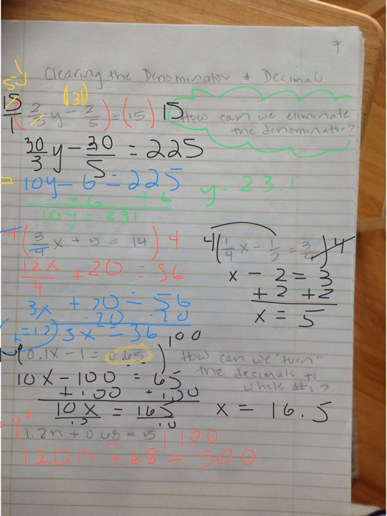So we have 500 minus 68 is 432. And then if you divide everything by 120, you'll have n equals 3 6/10. And go ahead and use a calculator for that.